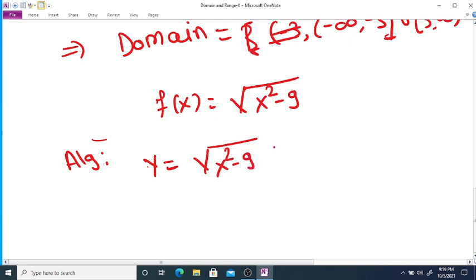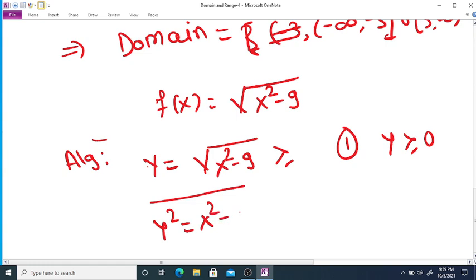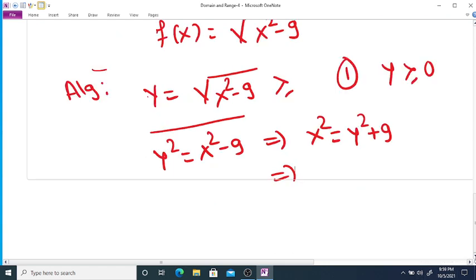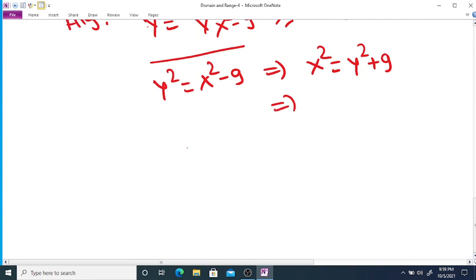Since it is a square root function, one solution is y ≥ 0. Solving for x, we get y² = x² − 9, so x² = y² + 9, and therefore x = square root of (y² + 9).